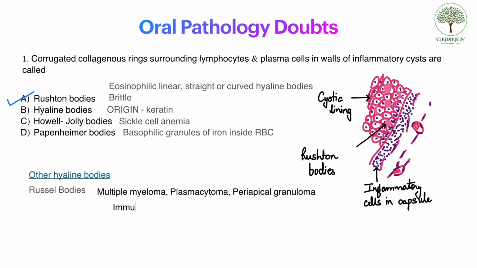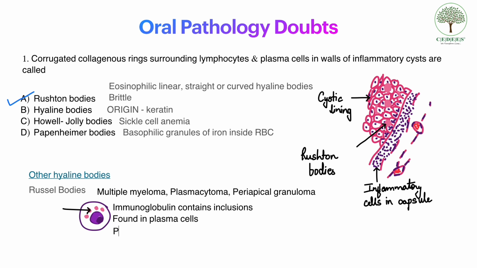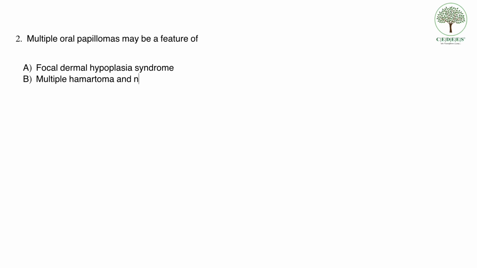Russell bodies are also eosinophilic homogeneous immunoglobulin-containing inclusions found in plasma cells. So they need to be differentiated from your Rushton bodies, and this can be done with the help of PAS positive stain.